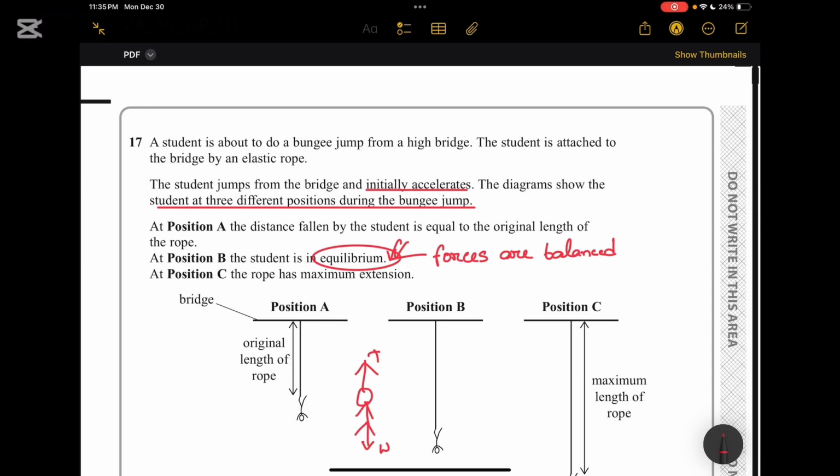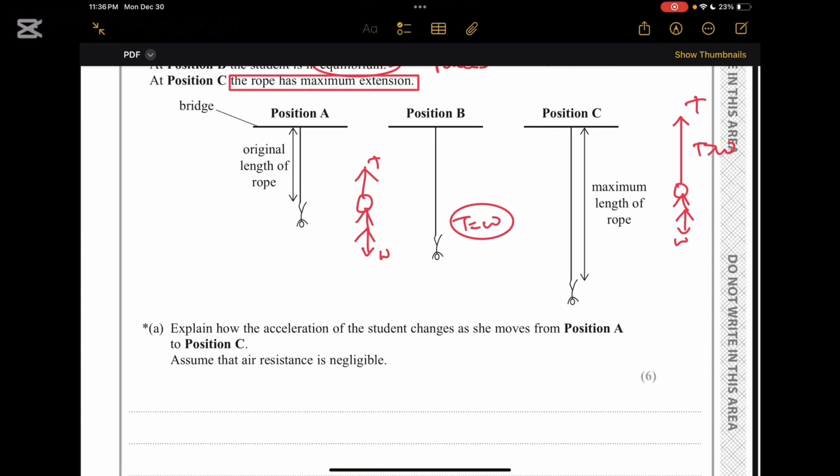The rope has maximum extension at point C, so the tension will be greater than the weight right here. At position B the tension equals the weight. So what happens at position A? The distance fallen by the student is equal to the original length of the rope. So let's go forward and write them.